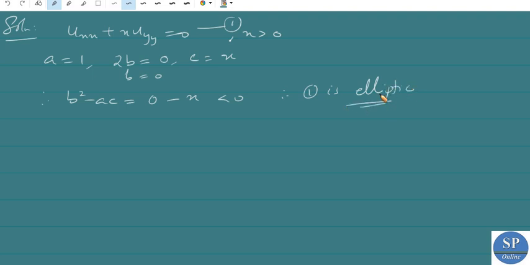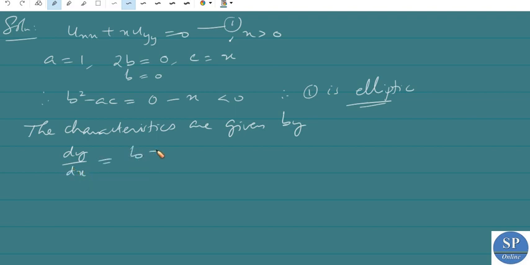Okay. Now from the previous lecture, the characteristics are given by the solution of the differential equation dy by dx is equal to b plus or minus i into square root of ac minus b squared, divided by a, because b squared minus ac is less than 0, so ac minus b squared is greater than 0.